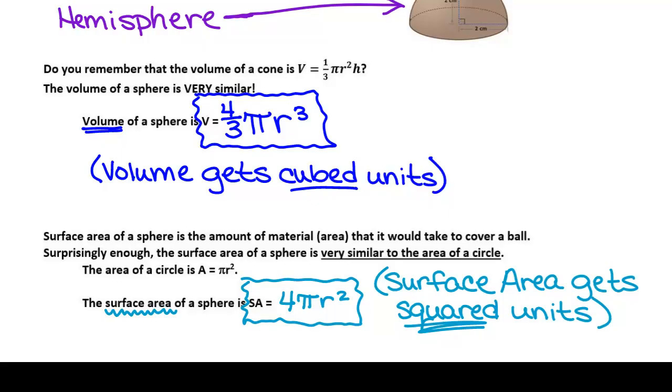Let's try one example together. We're going to flip the page. We're going to look at number 1. We're going to do parts A and B with our last couple minutes.